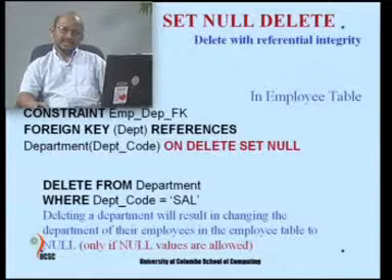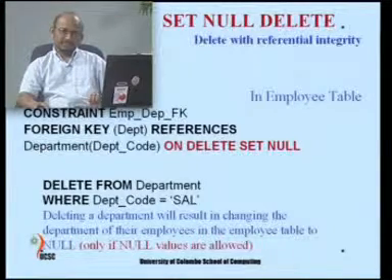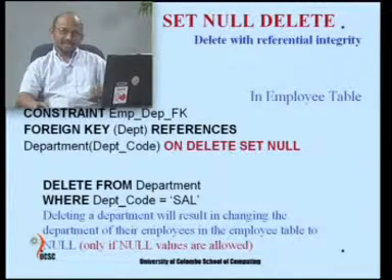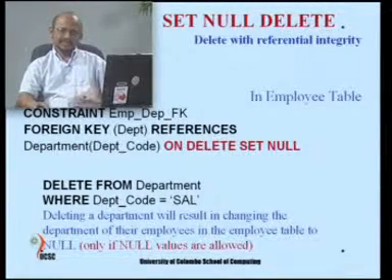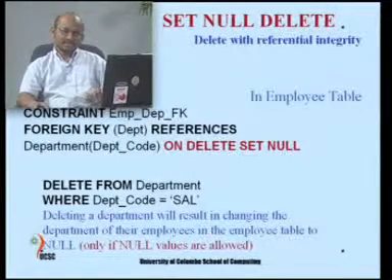Similarly, to the earlier case, without deleting, you can assign your own value, because after deleting you do not want the sales department value to be there in the system, because there is no such department. So, you have to assign either a null value or a default value.